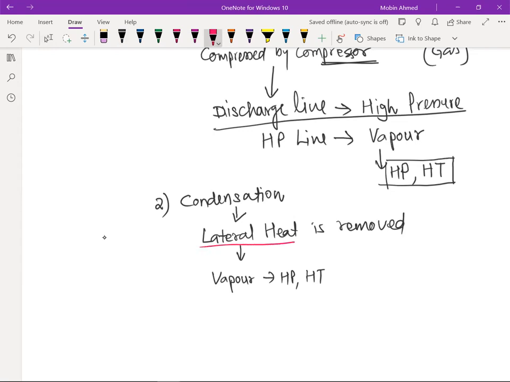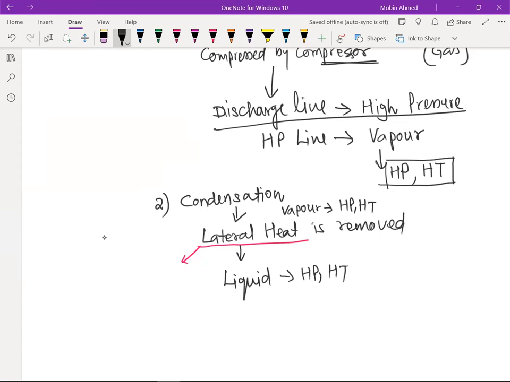Now, what is the latent heat? First of all, I must write here, condensation. So we are going to condense the vapor. I will write vapor here. This vapor, of high pressure and high temperature, will change into liquid of high pressure and high temperature.